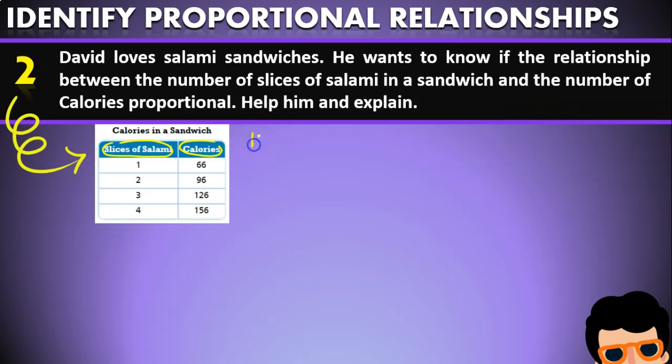So we have to find k is equal to y divided by x, and we have to do that for each and every single one of the rows in this case. So for the first one, we divide y divided by x. So we divide the amount of calories by the slices of salami that he's going to eat, because he chooses the amount of salami. So 66 divided by 1 is 66.